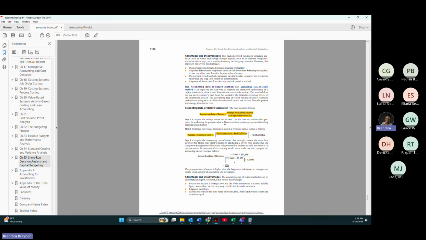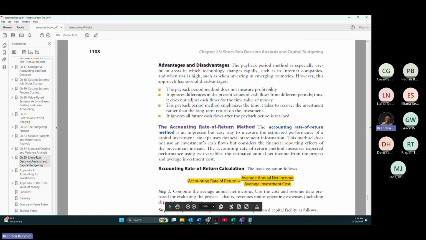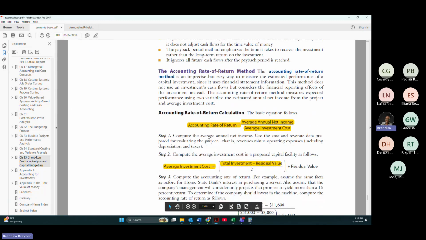But the accounting rate of return, or ARR, we take the average annual net income divided by average investment costs. And the average investment cost is this. So remember that it's average annual net income, not just your income. So if they give you income information, you have to make sure that if there are any expenses, we take it out of there, because they said net income and not just income.